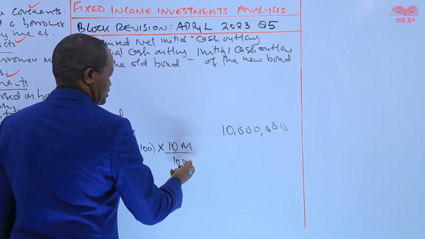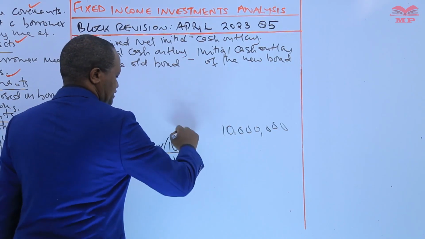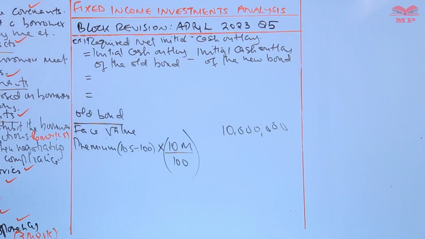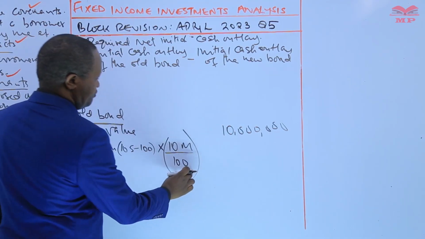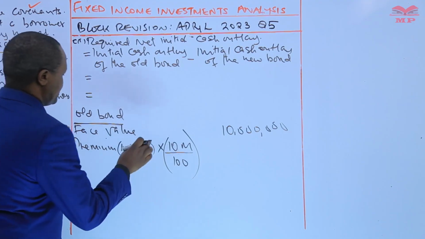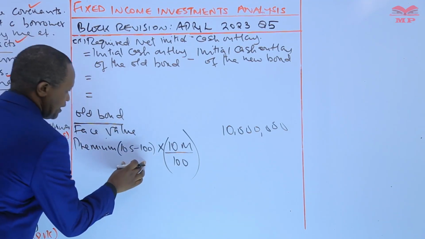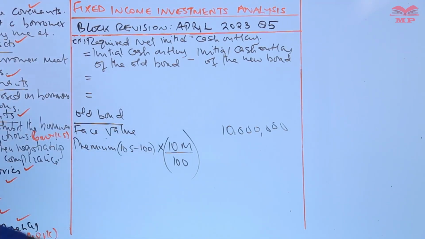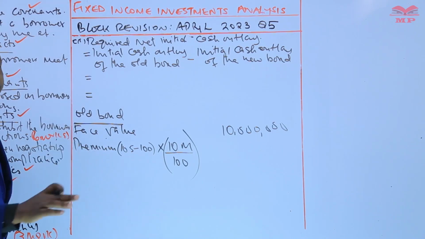This will give us the number of bonds, multiplied by the premium per bond, that will give us the total premium.